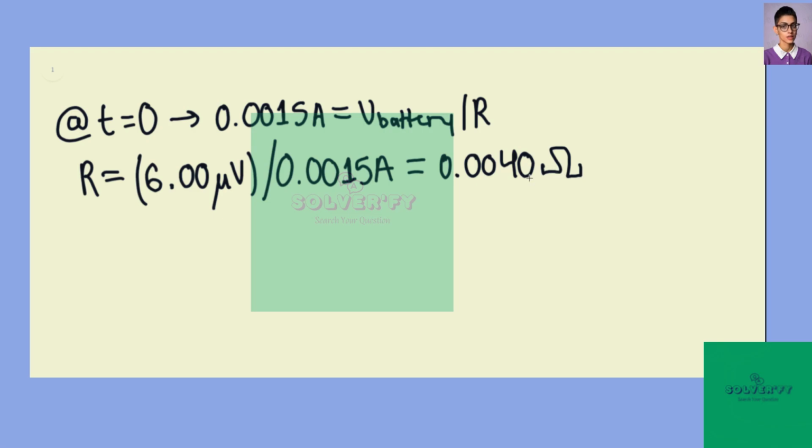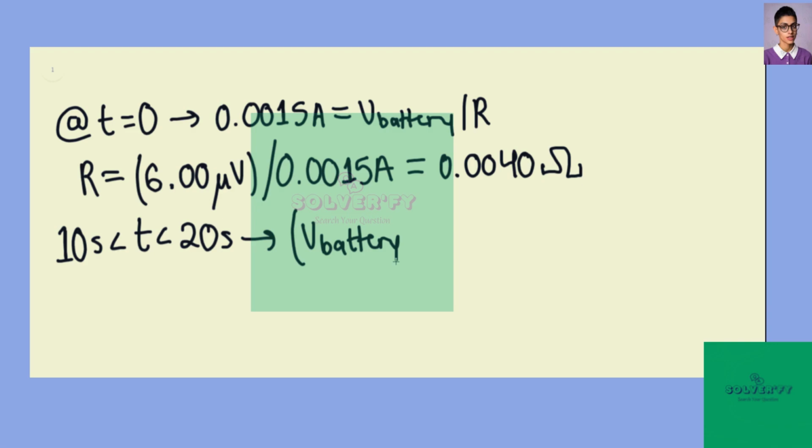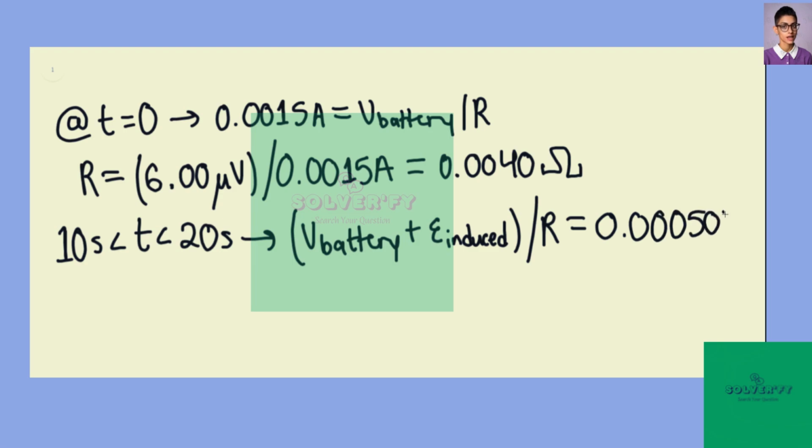denoted by capital omega. We can say that now the value of the current during 10 seconds to 20 seconds, during that time interval, is the voltage of the battery plus the induced EMF divided by the resistance, equaling 0.00050 amperes.